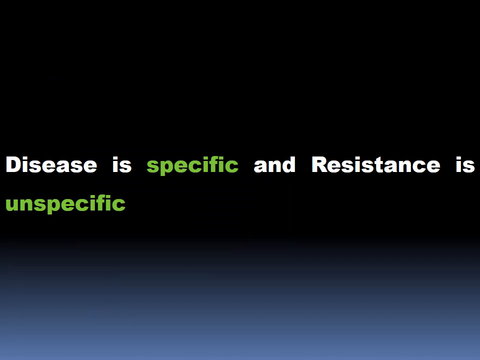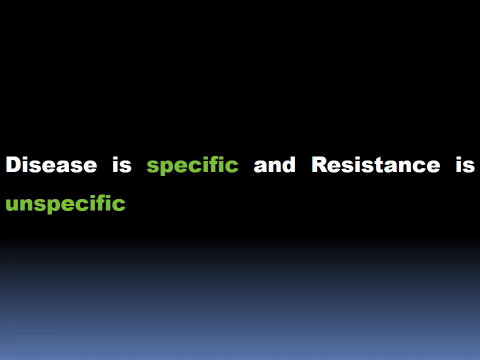I hope that every one of you has a very good idea about vertical and horizontal resistance and how these two approaches work in plant disease resistance, what the advantages and disadvantages associated with them are, and how we can manipulate both approaches for better protection against the pathogen.